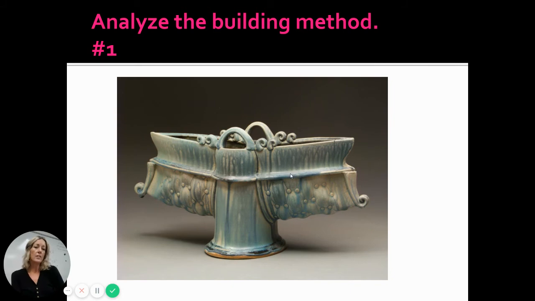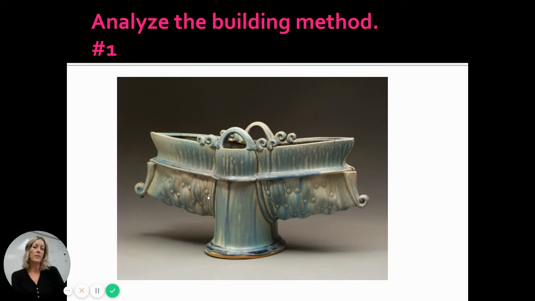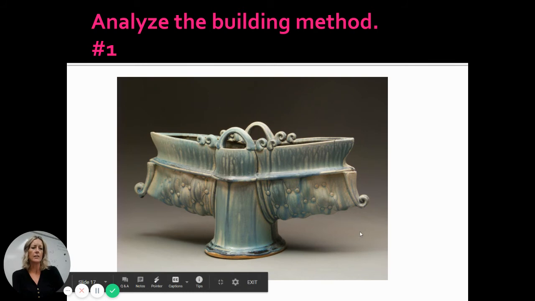And then once it was leather hard, that flattened piece was cut in half, and they took one side of that flattened piece and they scored it onto the center cylinder, and they took the other side and scored it onto the other part of the cylinder. And so that's how they created this piece.